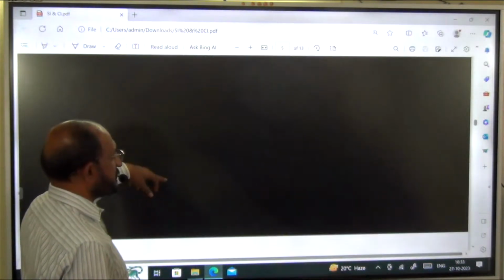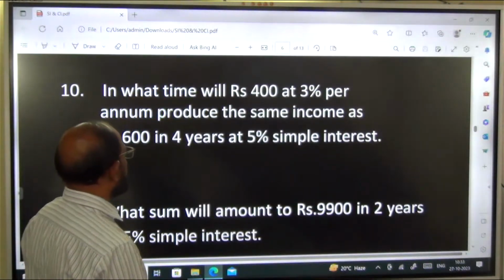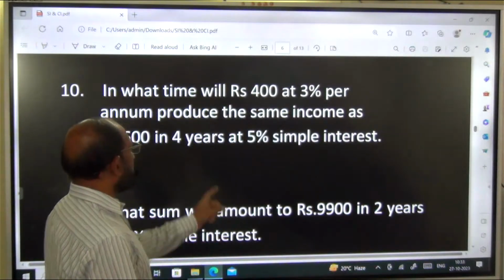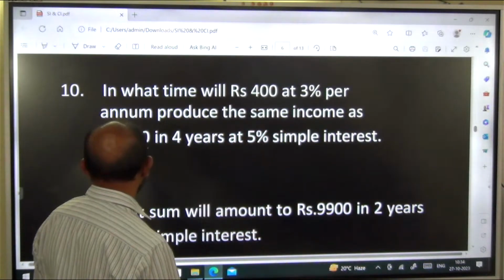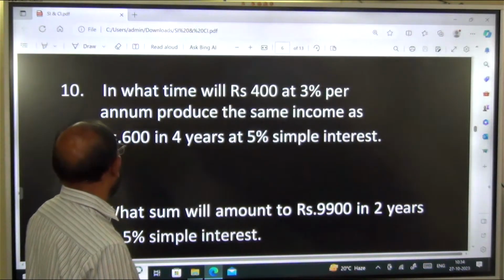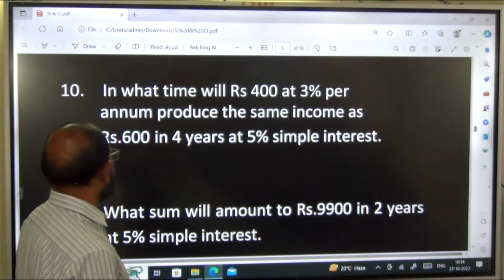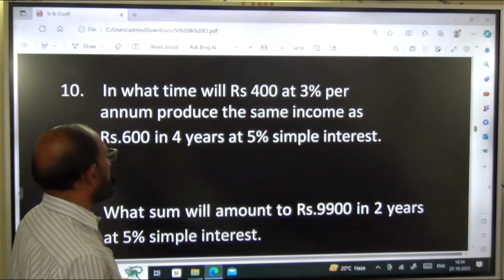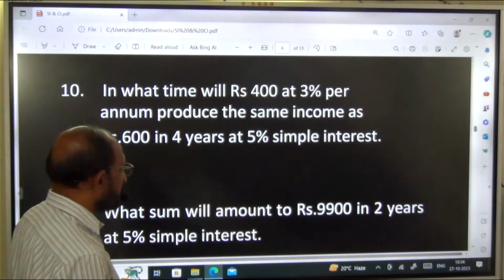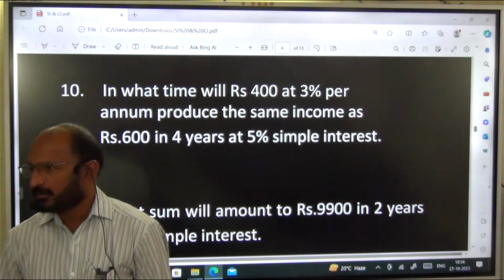The next problem, see that. In what term will 400 rupees at 3% per annum produce the same income as 600 rupees in 4 years at 5% simple interest? What we have to take?